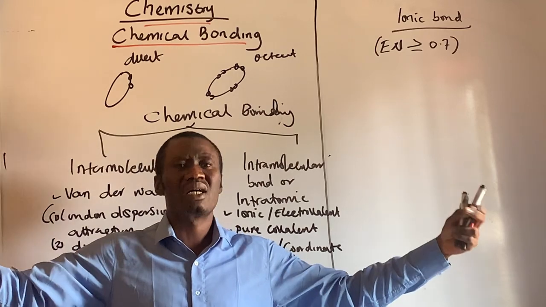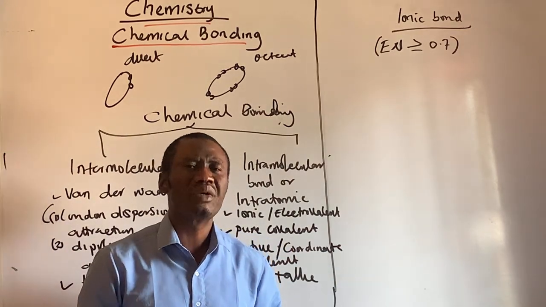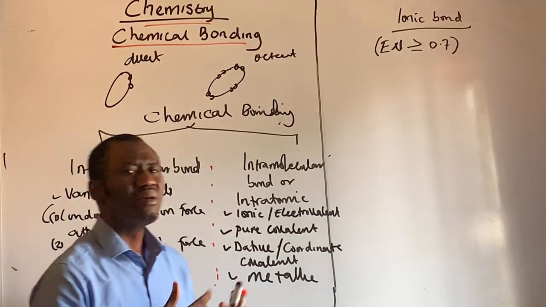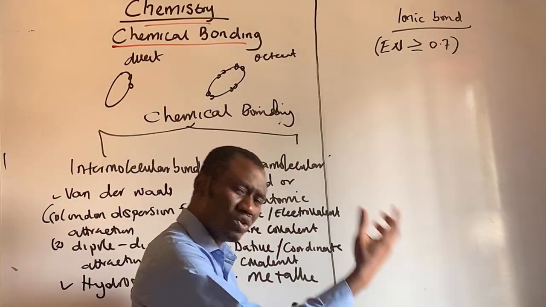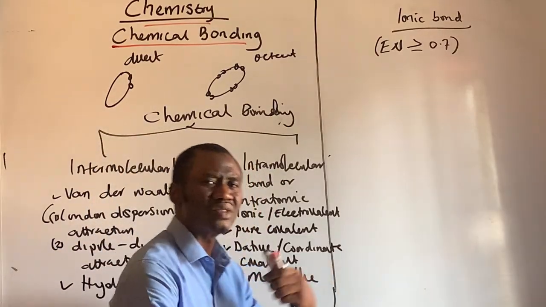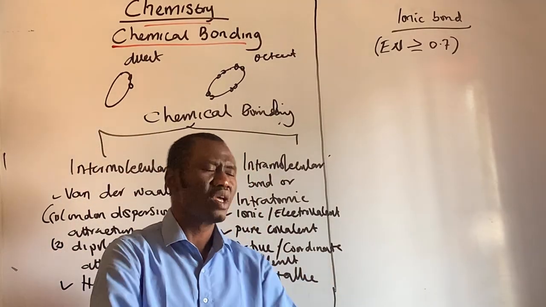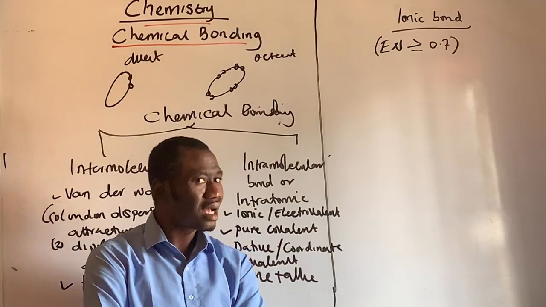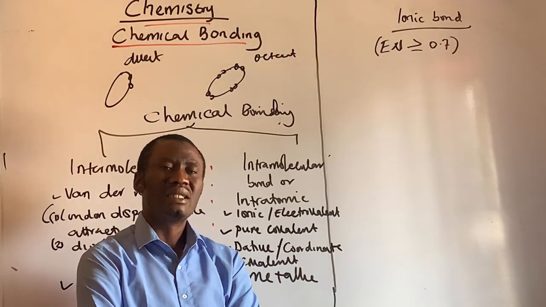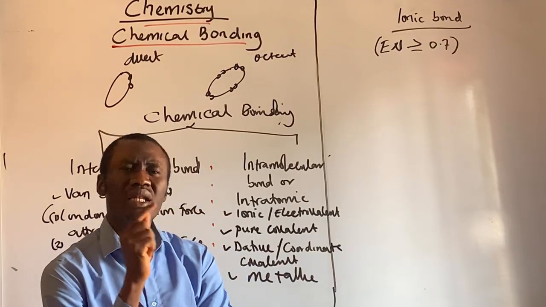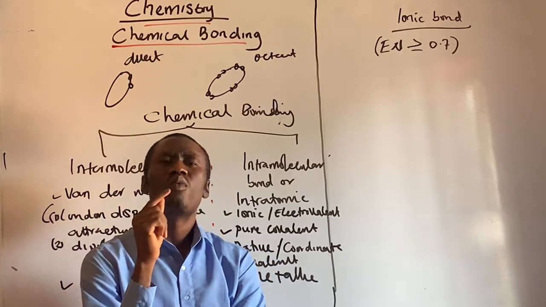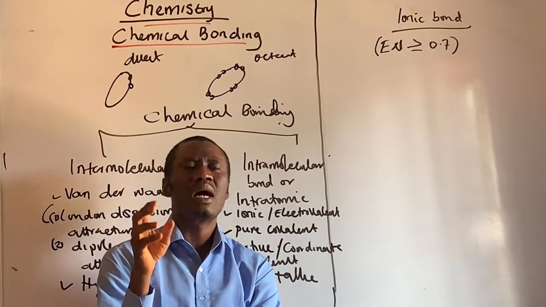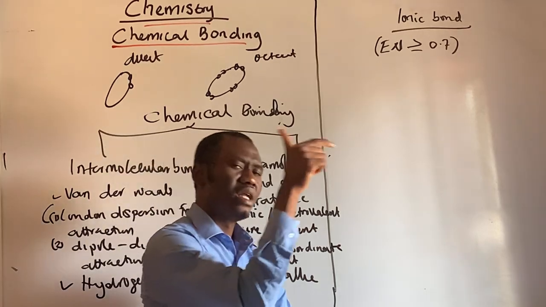When metals and non-metals react, this is called electrovalent or ionic bonding. In this case, metals lose electrons and non-metals gain the electrons. So by definition, an ionic or electrovalent bond is a type of bond that exists between atoms of elements where electrons are transferred from the metal to the non-metal.